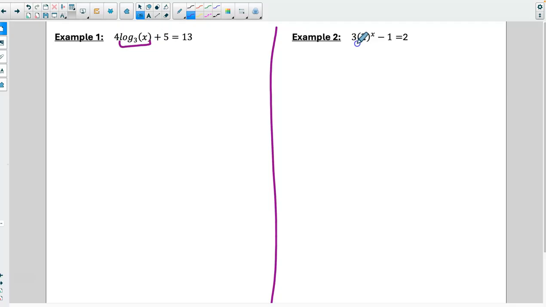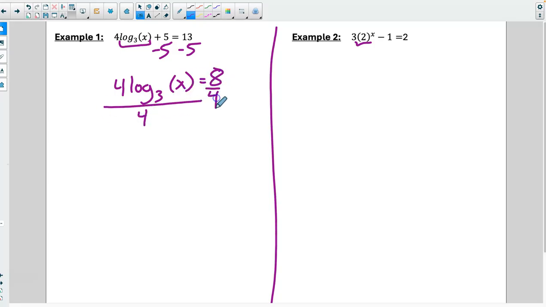The first part over here is get the 2 raised up to the power of x by itself. So let's do that. First step here is going to be what? Perfect. So we're going to subtract 5. And our next step is divide by 4. So I'm getting my log by itself. That is the first goal.